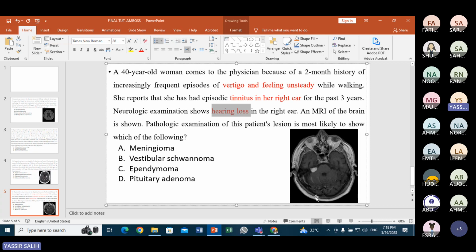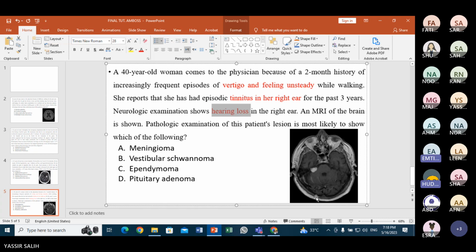What about its shape? Usually rounded or oval in shape. Yes. If we talk about CT, what about the density of this meningioma?